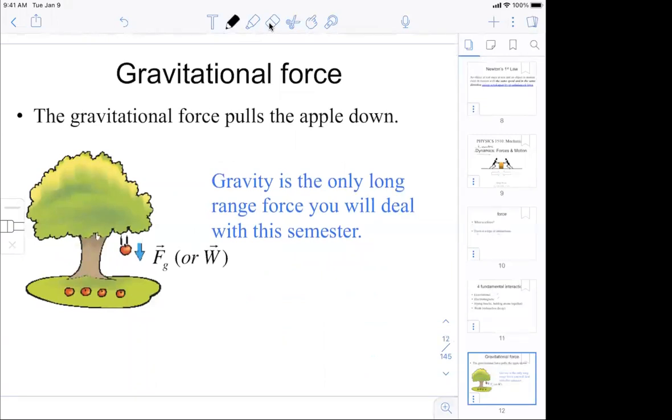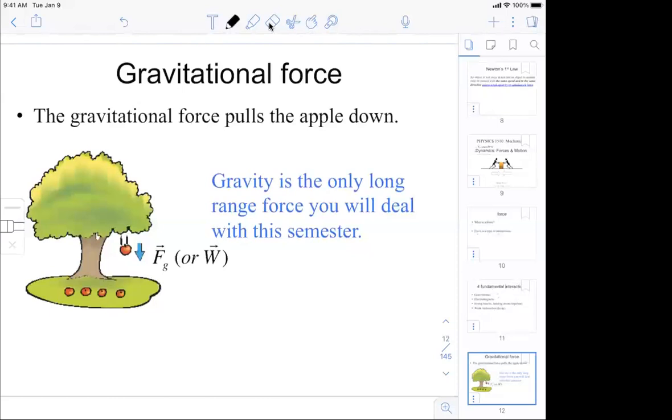First is gravitational force. Gravitational force pulls objects directly downward on Earth. There is the famous story that Newton saw an apple falling from the tree, and it inspired him to relate this phenomenon to how the Earth orbits around the sun.